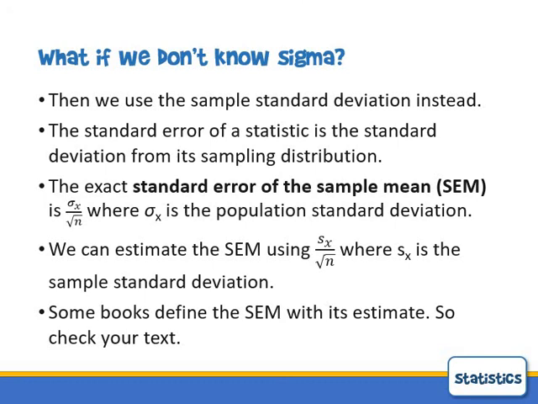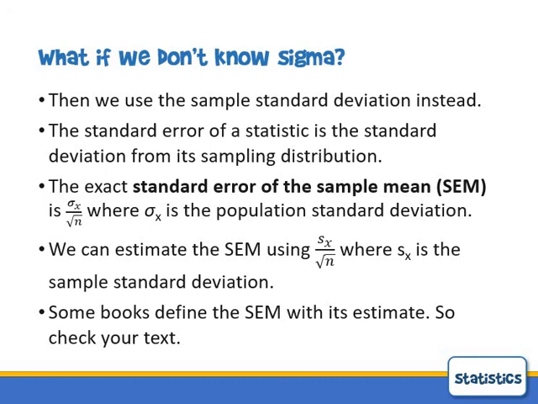Depends on what book you're looking at or who you're talking to. Some will define the standard error of the mean to be the standard deviation from a sample distribution. So the standard error of the mean, SEM, or the standard error of the sample mean, to be more precise, is sigma over square root of n if you define it that way. Some will actually define it to be the approximation that we use for the t-procedures, S over square root of n.